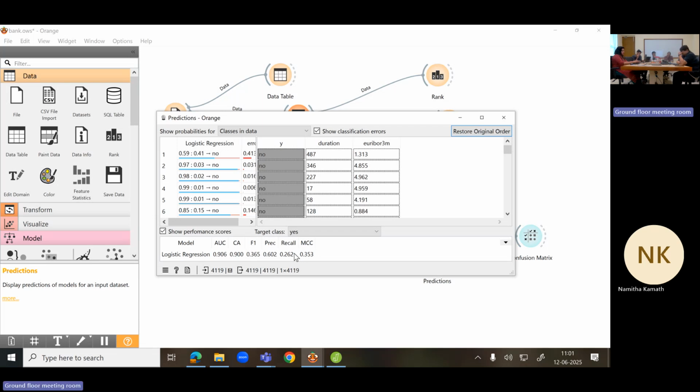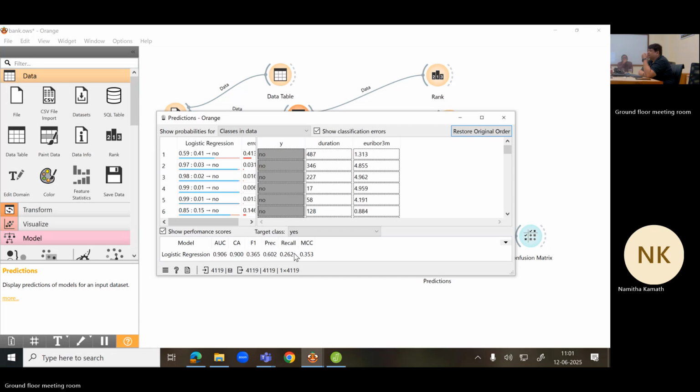Now, of course, right now this model is not that great. Actually, it has marginally passed. So there are multiple ways you can improve the model.